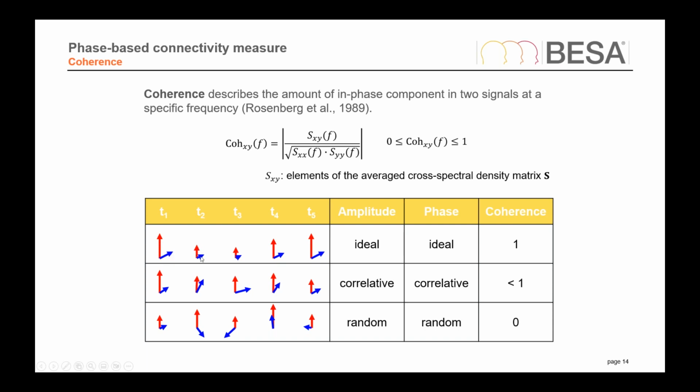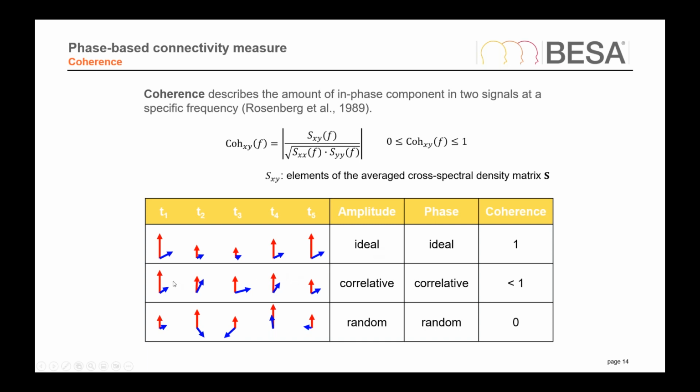If the low amplitude in the red channel is present, then also in the blue. Furthermore, we have a phase relationship between these, and in this scenario, let's say that the phase is always the same. So in this case, it's always about 60 degrees or so between the two, if you imagine the phase being plotted around a circle here. In that case, we have an ideal amplitude correlation and also an ideal phase relationship, which leads us to a coherence value of 1 between these two channels.